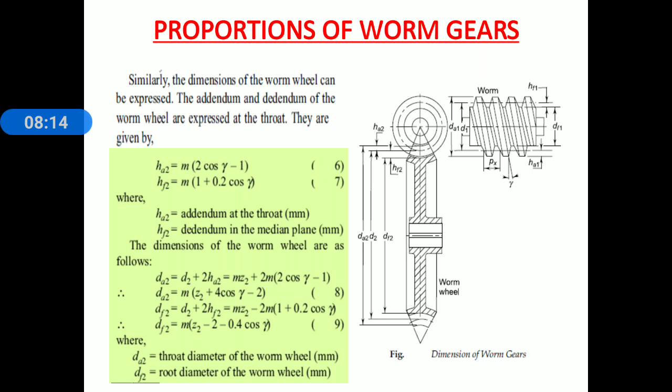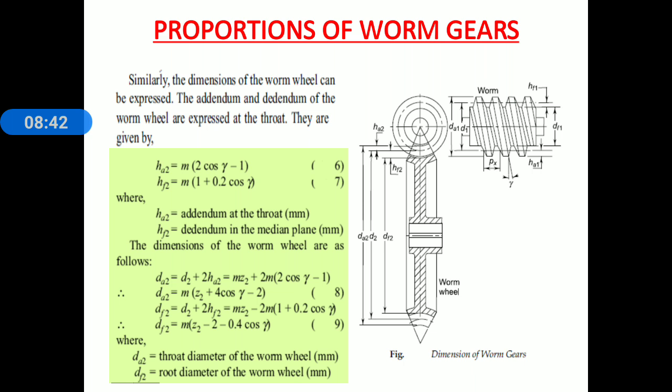Simplify this bracket, and after simplification we get the root diameter of worm wheel DF2 is equal to module into bracket z2 minus 2 minus 0.4 cos gamma, bracket complete. Consider equation number 9, where DA2 is throat diameter of worm wheel in millimeter and DF2 is root diameter of worm wheel in millimeter.